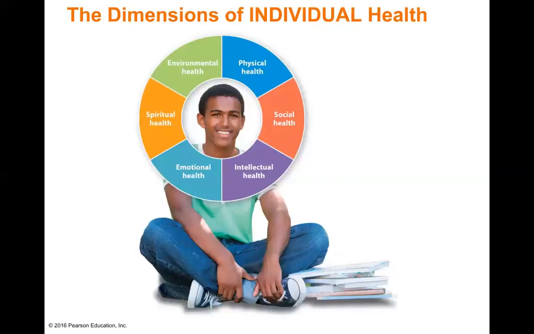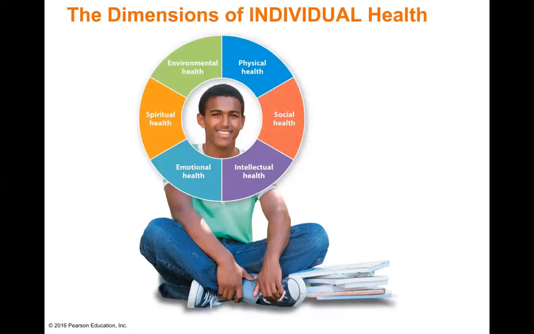Now, here's the thing. Individual health is influenced by your environment and what's around you and your community. But when you look at a person with their individual health, they have environmental health, like where are they living? Are they living near a place that has good clean air, good clean water? Are they taking care of themselves physically? Are they working out? Are they walking? Are they moving?